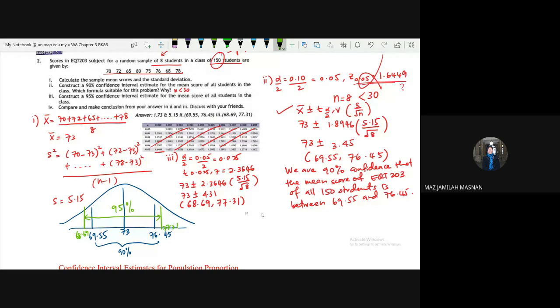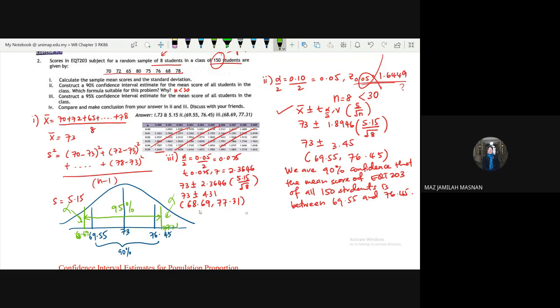Sometimes you will need to do your interpretation. This kind of interpretation might be asked in your assessment, so you need to know how to interpret. If you have a larger alpha, it means that your alpha is over here and over here, and you have a smaller interval.